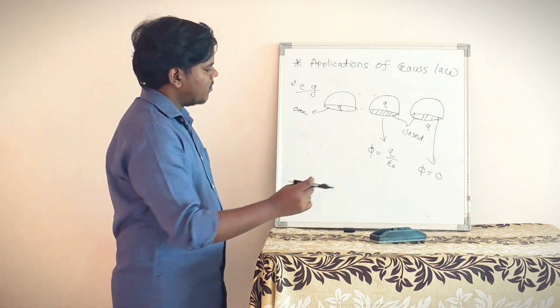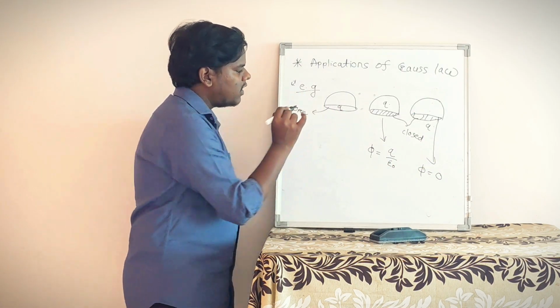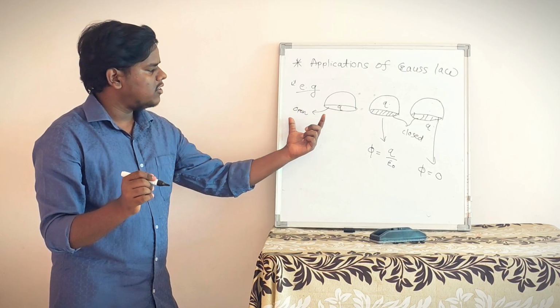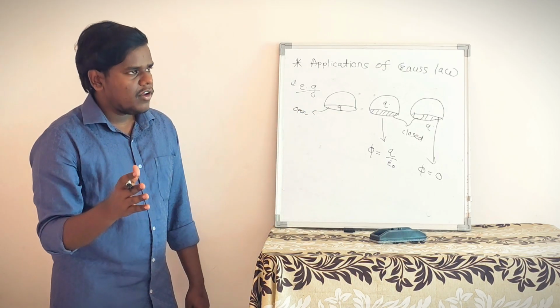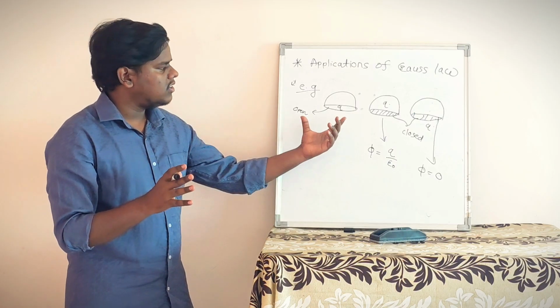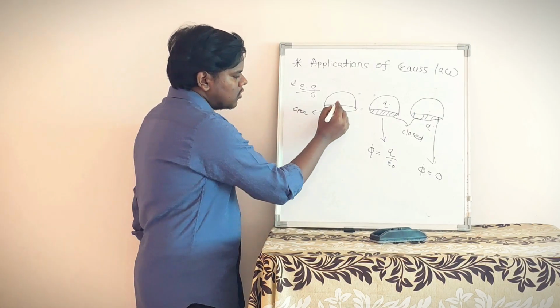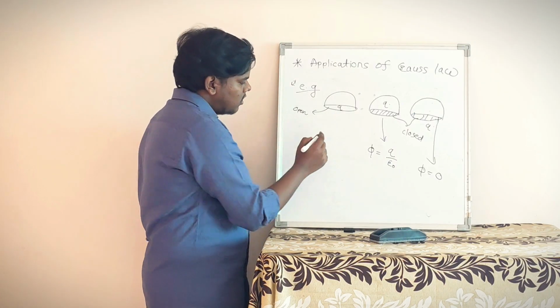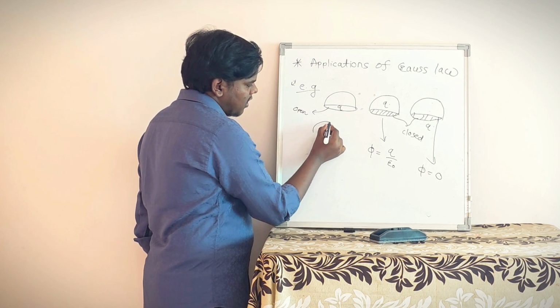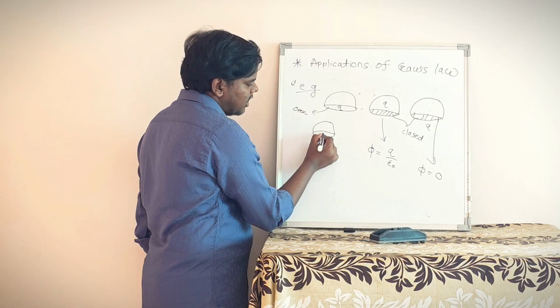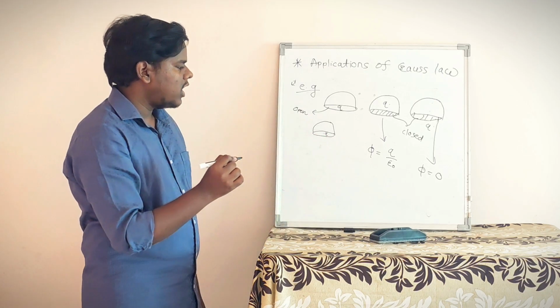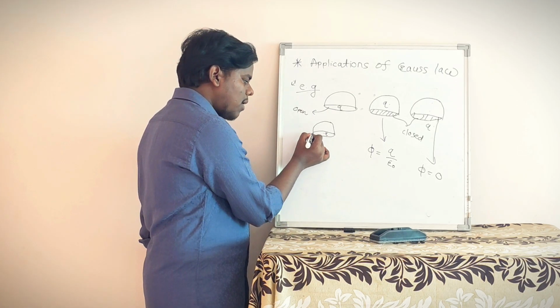Now for this part, this hemisphere is open. Gauss law we know is for closed surfaces, charge inside upon epsilon naught. So here we can do one thing. We have this hemisphere and our charge Q is here. I can draw a complete sphere.